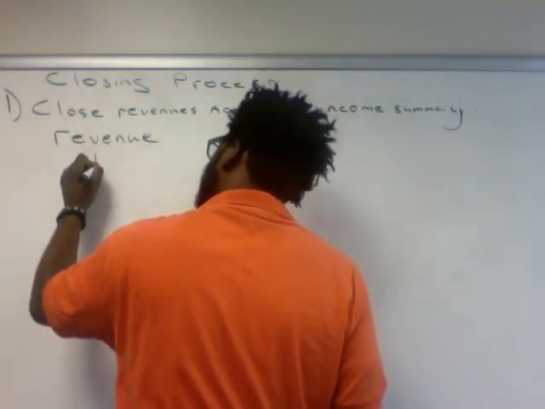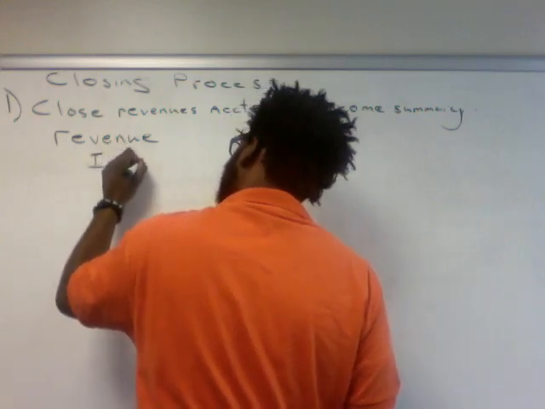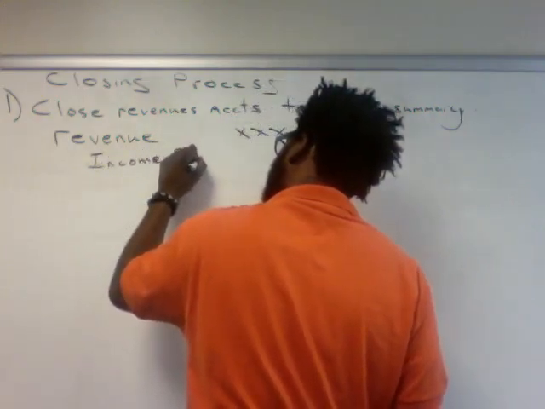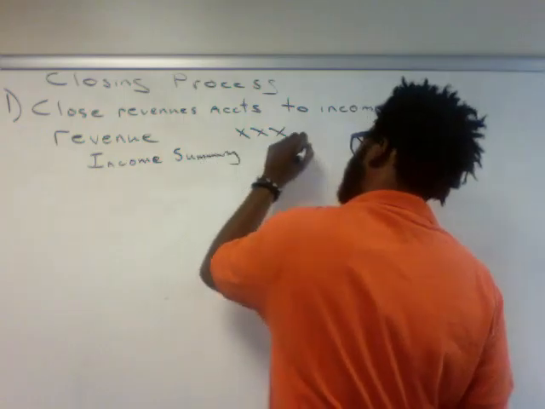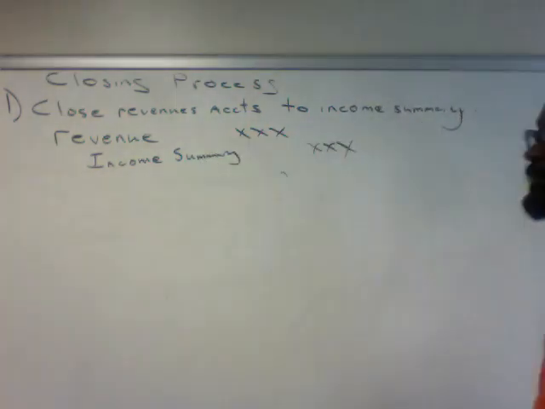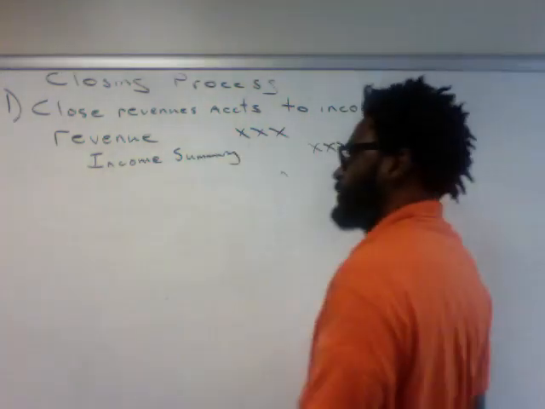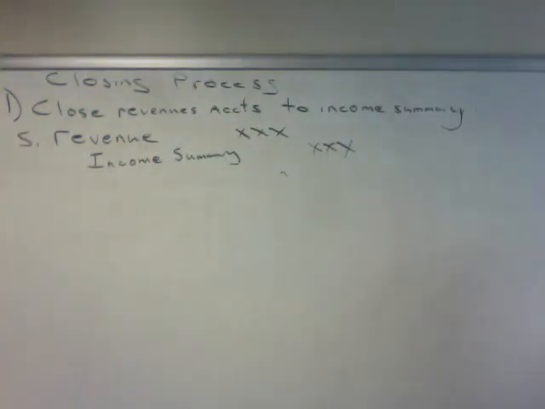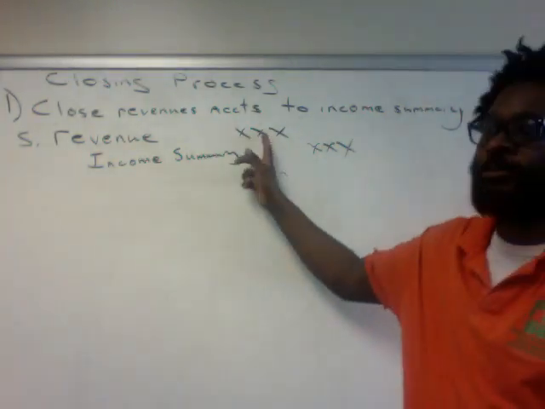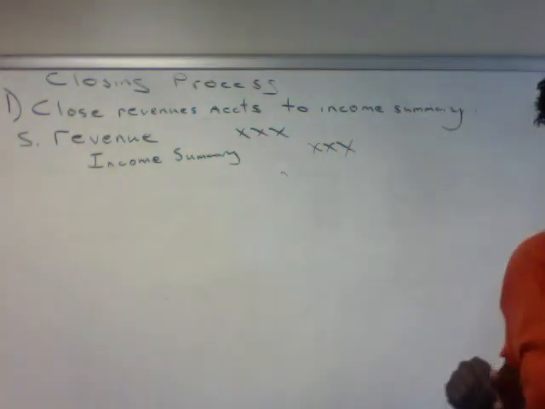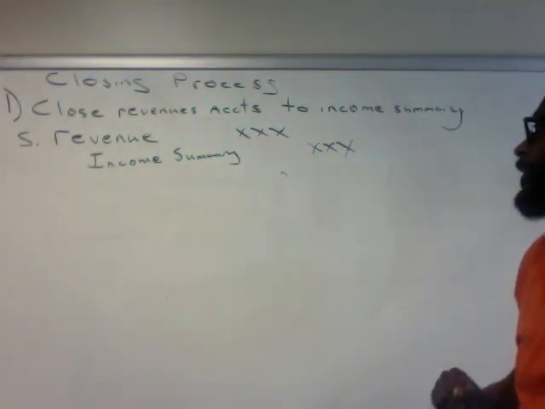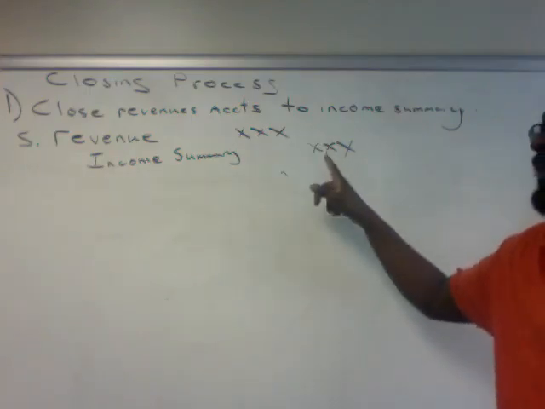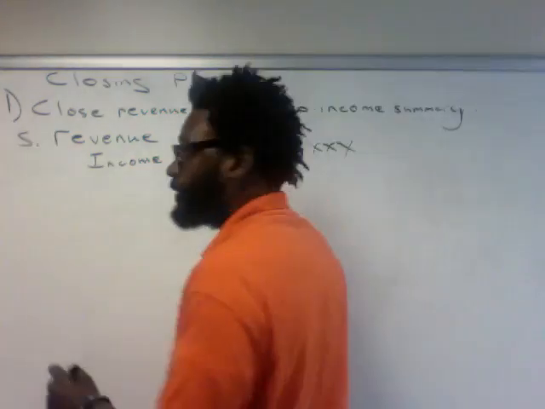And you're going to credit income summary. Why? Because that's the rule. Close it to income summary. Very easy. So if it's a sales revenue, then you would debit sales revenue. If it's service revenue, any revenue you have, you got to close it out by debiting it. Okay? Now, what are you going to credit? Income summary.